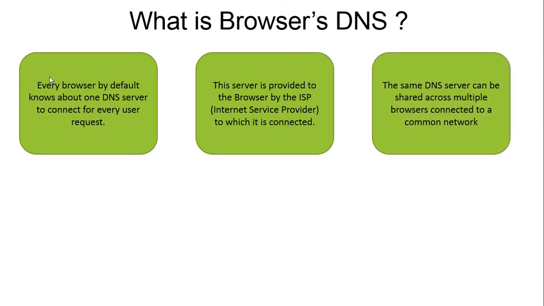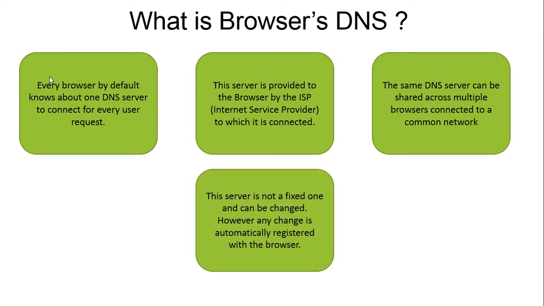Probably, again, your and your friend's computers are connected to a common network, so they might be sharing a common DNS server. And the important thing to note is this server is not a fixed or constant one. It can change over time, but any change is automatically registered with the browser. So your browser always knows what the DNS server is that it needs to look up when a user enters a URL in the browser.